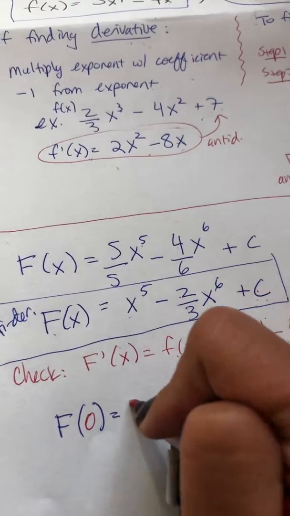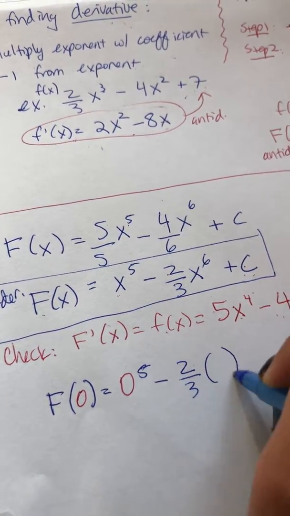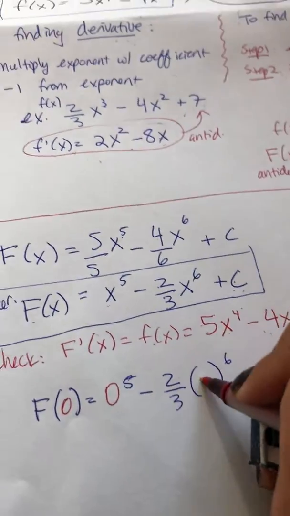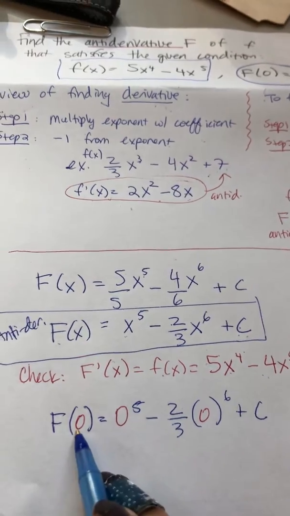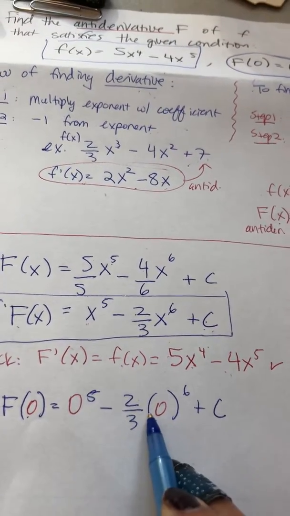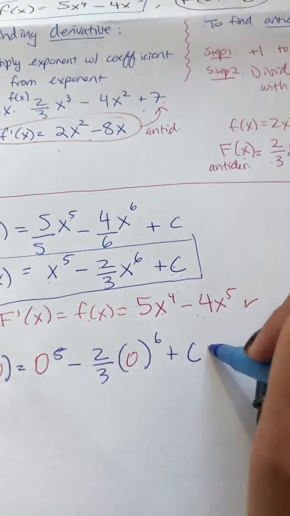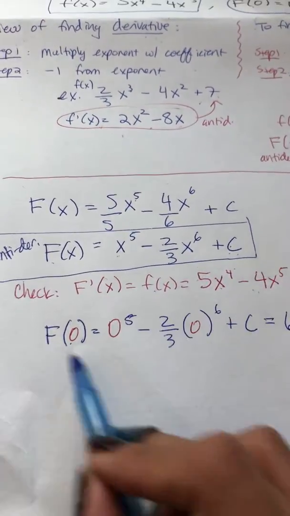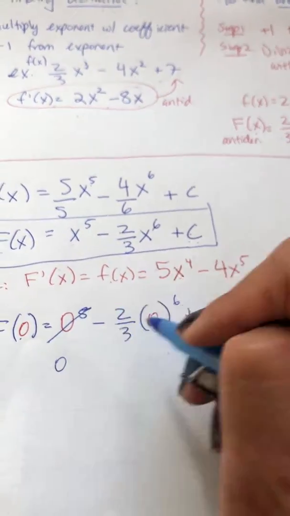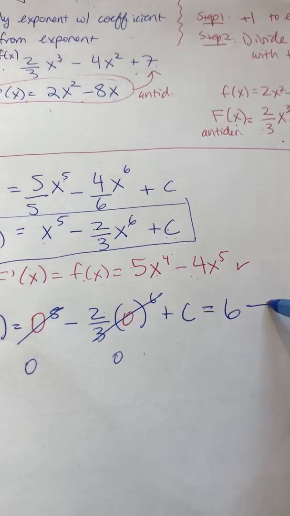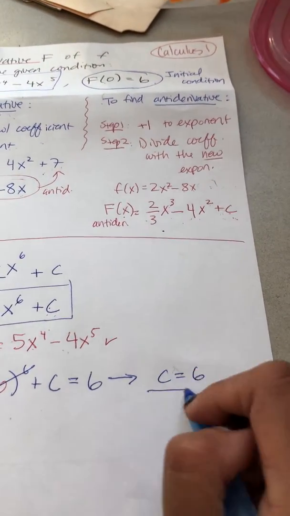I'm going to get 0 to the 5th minus 2/3 times 0 to the 6th plus c. The initial condition tells me that when I plug 0 into the function, I'm going to get a 6. So this is going to equal 6. Knowing this helps me determine what c is. This becomes 0, 0. So therefore, my conclusion is that c is equal to 6. Aha, c is equal to 6.